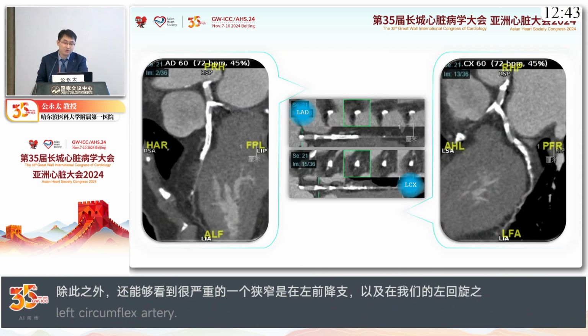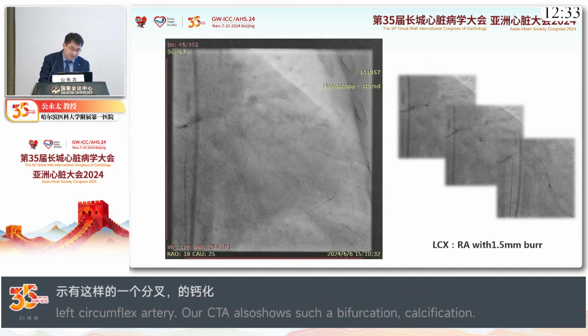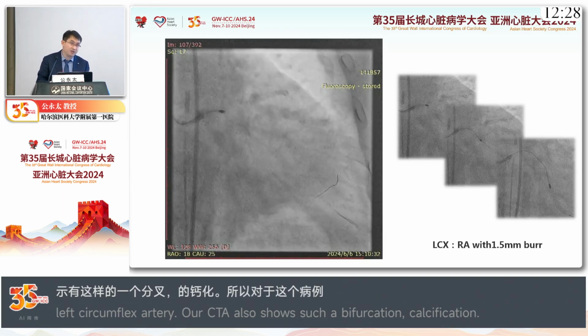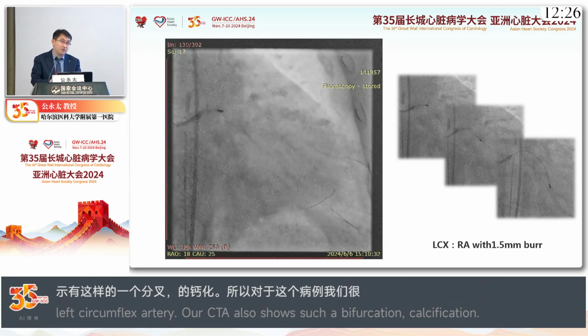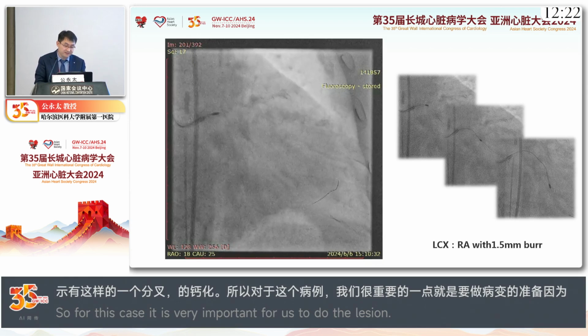And the CTA showed the location of the bifurcation with heavy calcification. So for this case, rotor ablation is very important because the imaging catheter cannot cross the lesion.